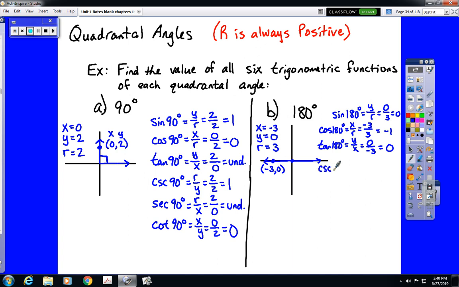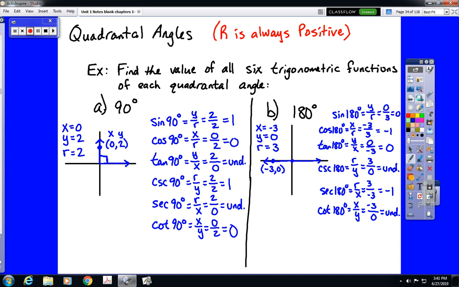The cosecant is r over y, that's 3 divided by 0, which is undefined. The secant is r over x, which is 3 over negative 3, or negative 1. And the cotangent of 180 is x over y, which is negative 3 over 0 and is undefined. So again, 2 of the 6 are undefined.